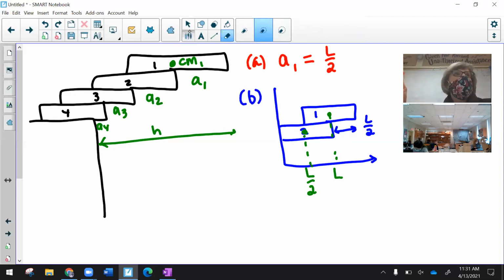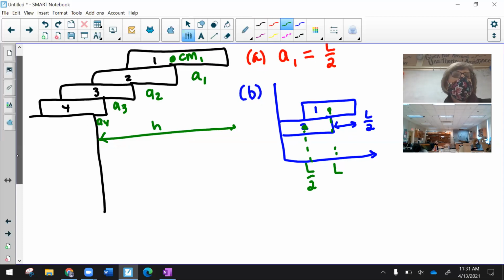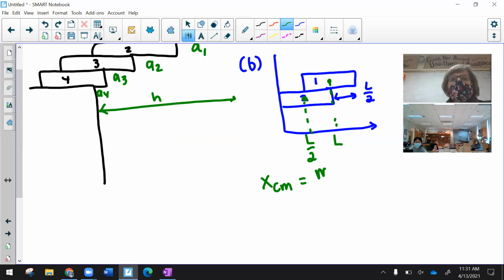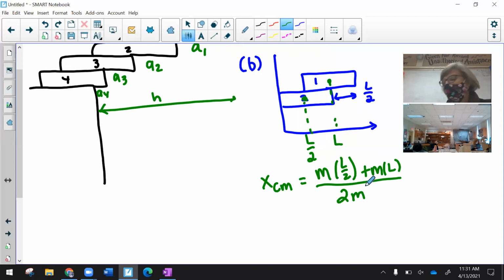Right? So my x center of mass is going to be the mass of 2 times its position plus the mass of 1 times its position, divided by the total mass.